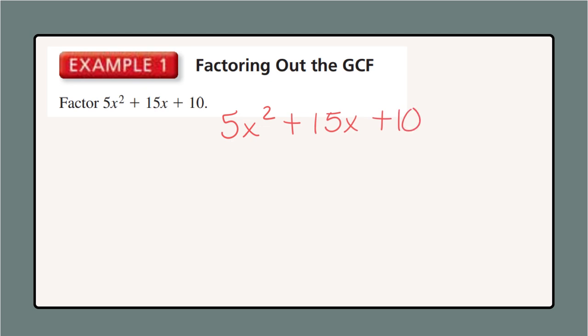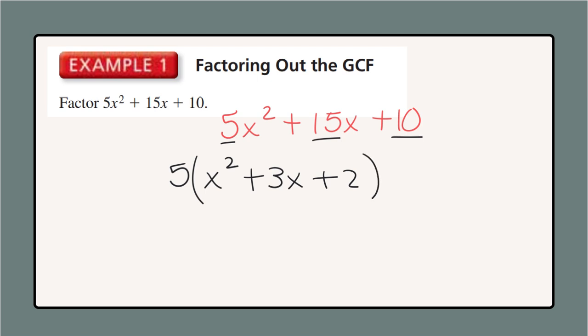If we look at each number in these terms, 5, 15, and 10, I'm going to see if I have a greatest common factor amongst them, and I know it's going to be 5. If I factor out 5, I'm left inside with x squared. 5 times what gives me 15x? 3. So plus 3x plus 2, because 5 times 2 gives me 10.